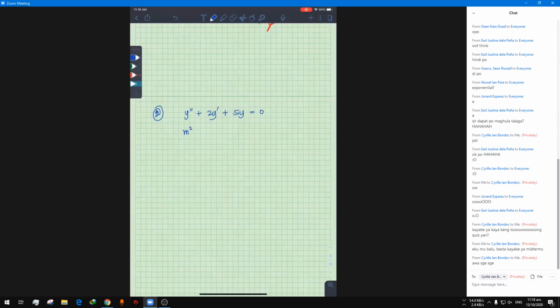Okay? Kung ano yung derivative, yun yung power niya. Then plus 2m, then plus 5 is equal to 0. So can we factor this out? So may factor ba yung equation na to? M squared plus 2m plus 5 is equals to 0.